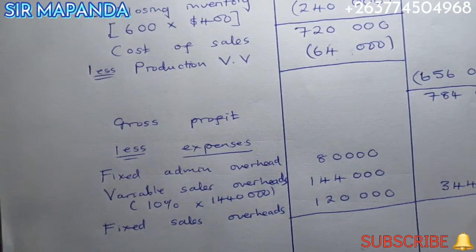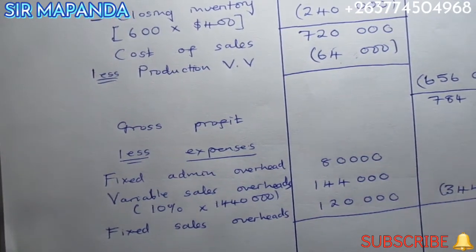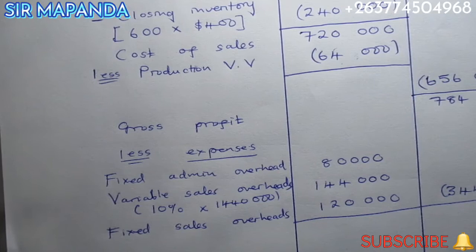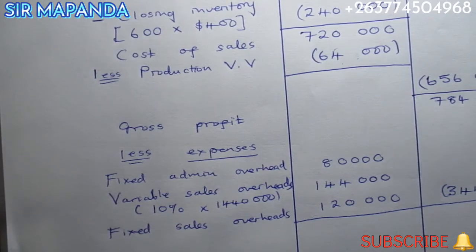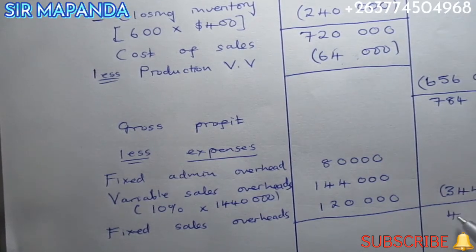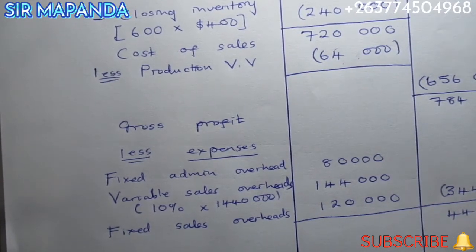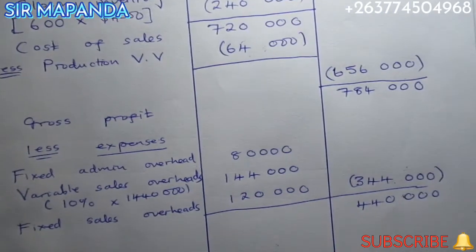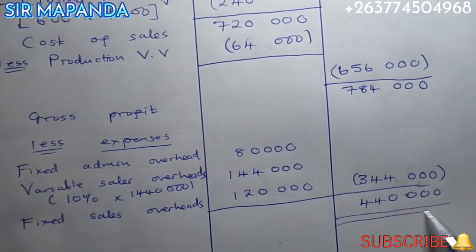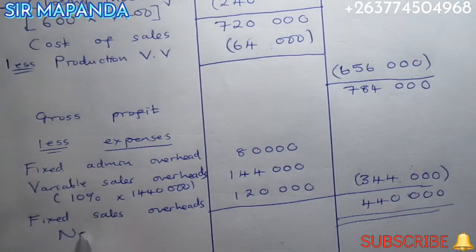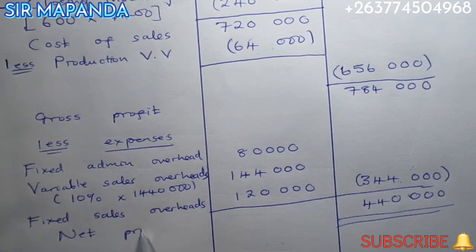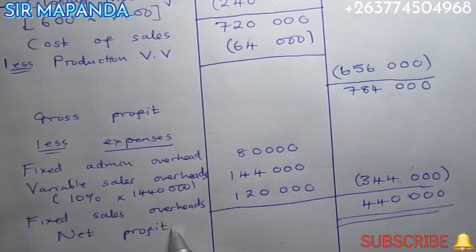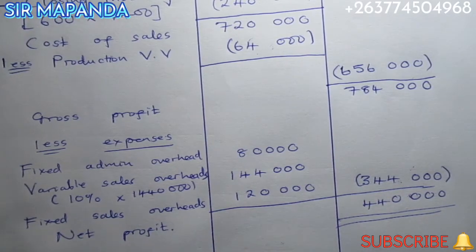So this 344,000 is going to be deducted from the gross profit of 784,000. You get 440,000. So you write 440,000 here, which is going to represent your net profit. Then you are home and dry. So this is how you prepare the income statement under absorption costing, right?